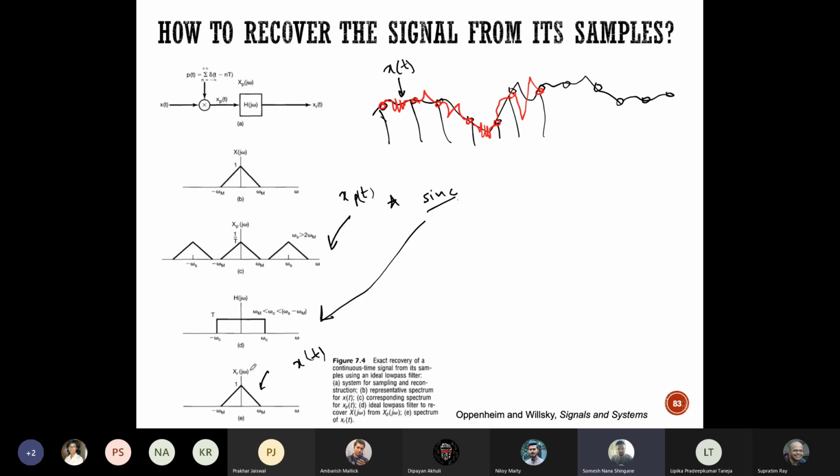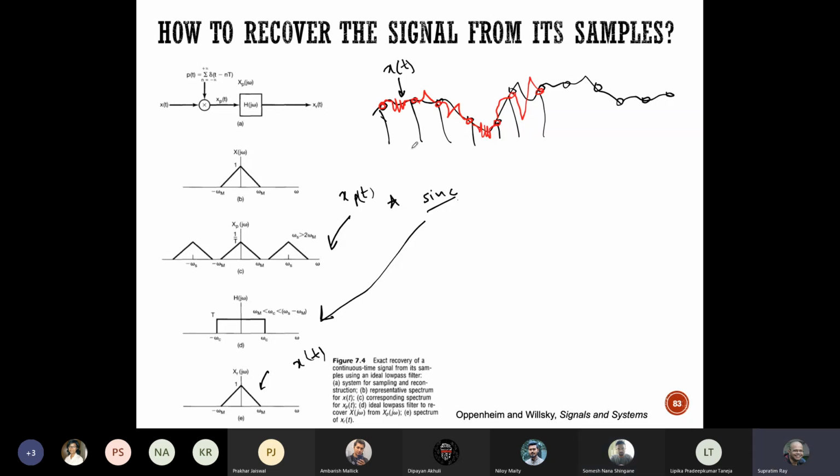So I'm just thinking that if this condition is satisfied, then we can get the original signal back. But I'm not really sure how this could really work out, because first we need to know that the sampling frequency should be great enough compared to the existing signal frequency itself. But then again, hmm.